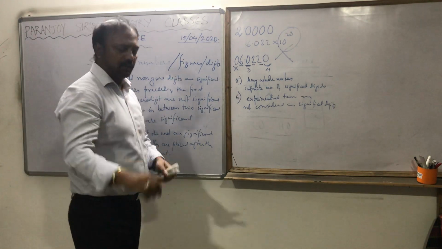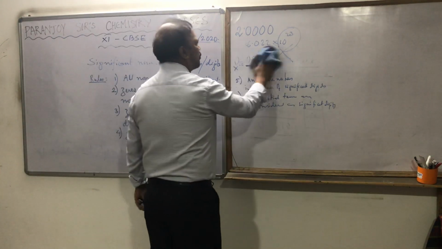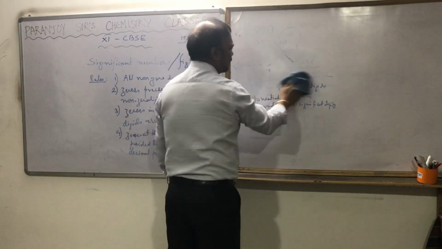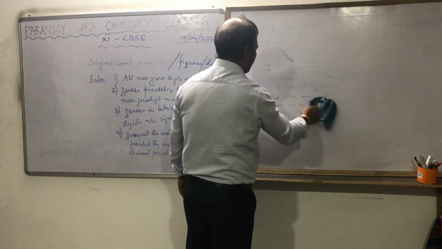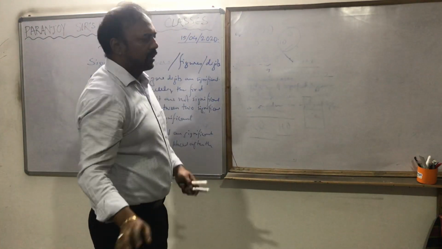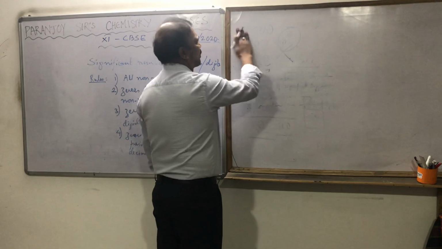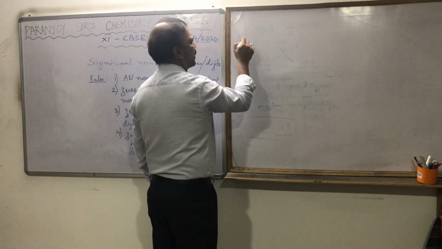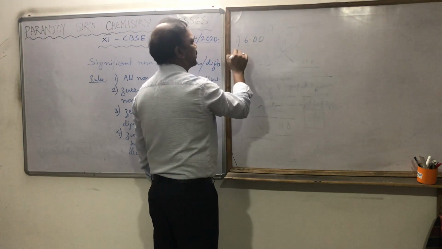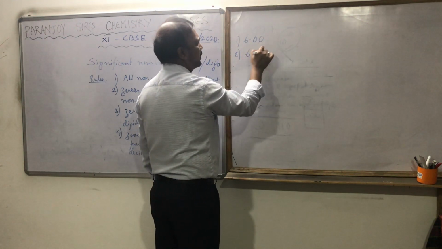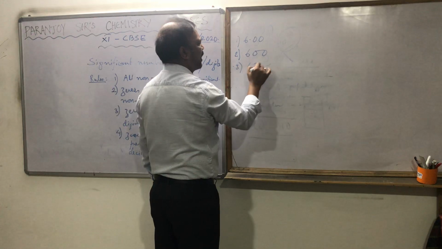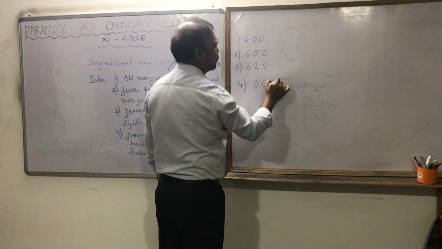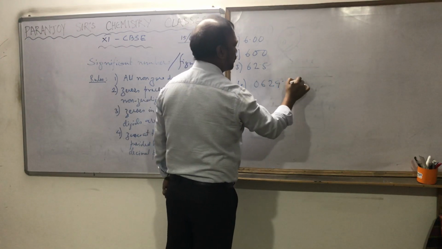So your homework for this will be, find the significant figures in the following numbers. Or, what are the number of significant digits in the following numbers? Number 1, 6.00. Number 2, 600. Number 3, 625. Number 4, 0629.00.